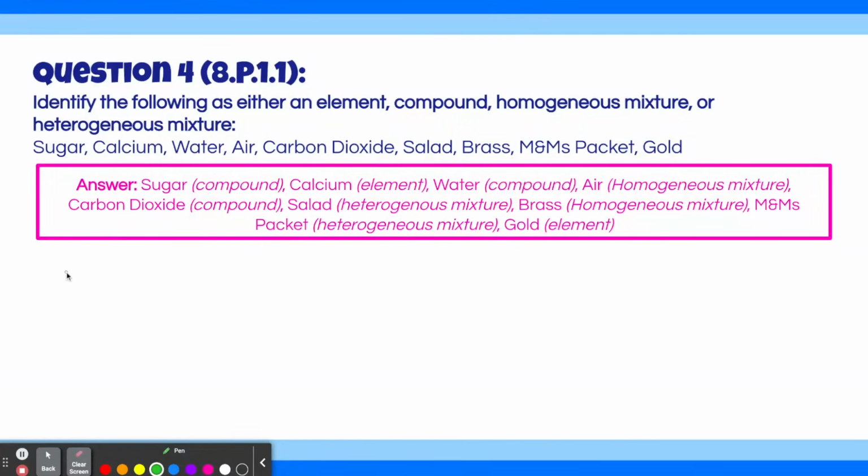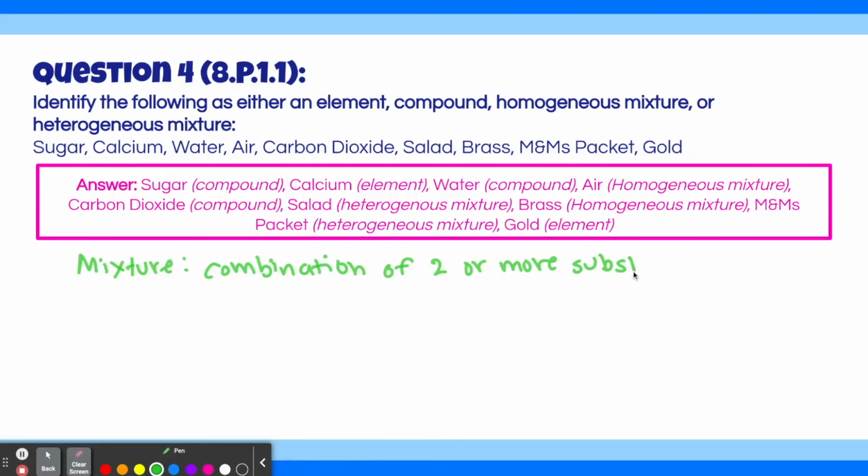Okay, so the next type of classification we're going to talk about are mixtures. There are 2 types of mixtures in this question, but first we should know what a mixture is. Mixtures are combinations of 2 or more substances. It's important to note that we said substances and not elements. A substance can be anything.